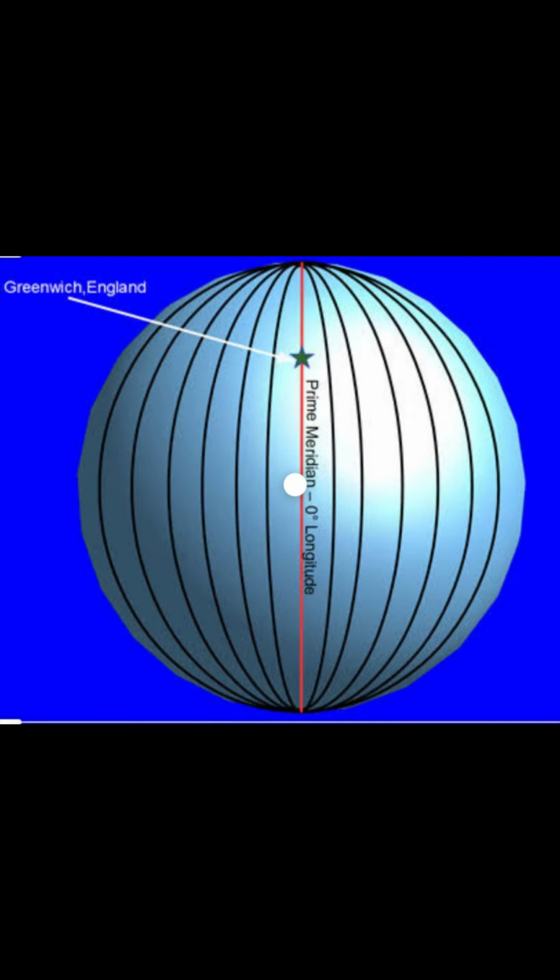Now, the line which divides the globe vertically into two equal halves is called the 0 degree prime meridian.